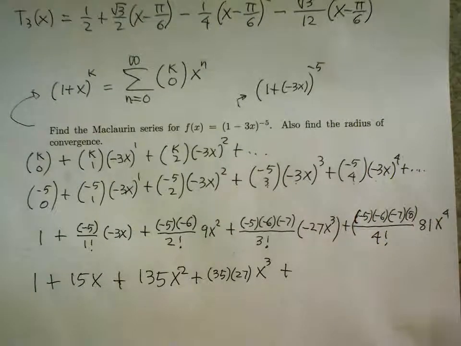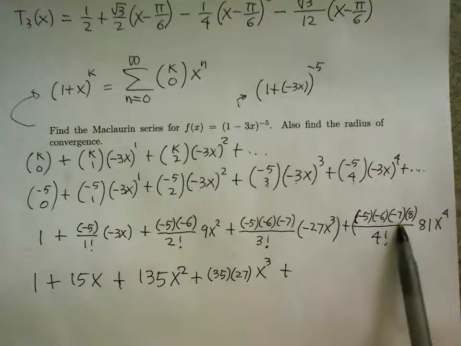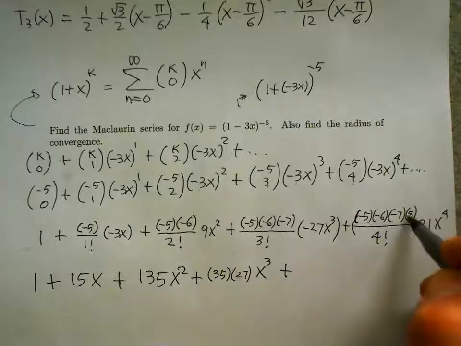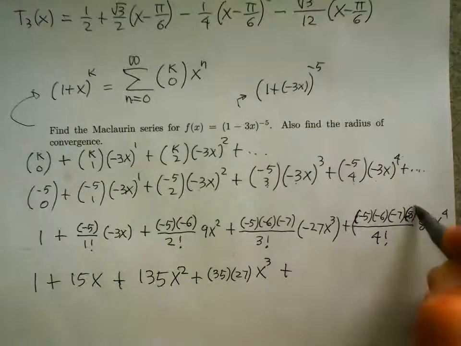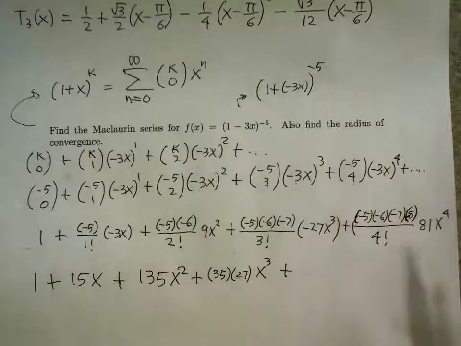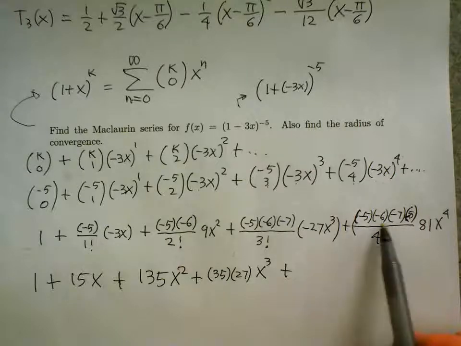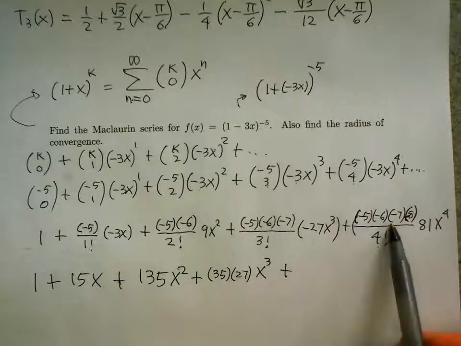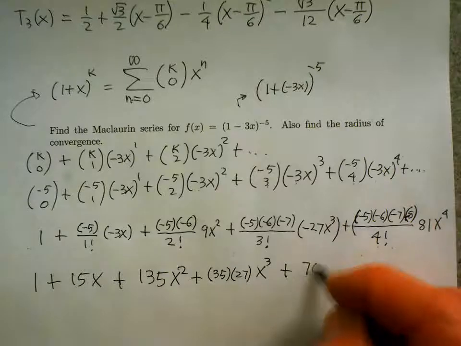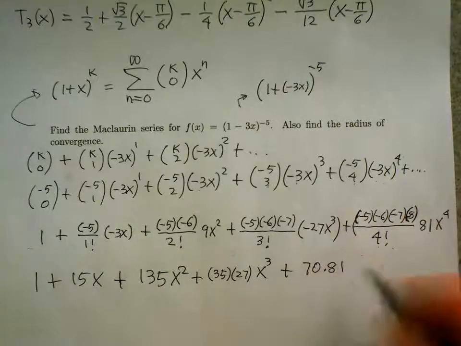And then the next one, the coefficient will be, that's supposed to be negative 8. The coefficient will be positive again. So this time we get 70 times 81 times x to the fourth.